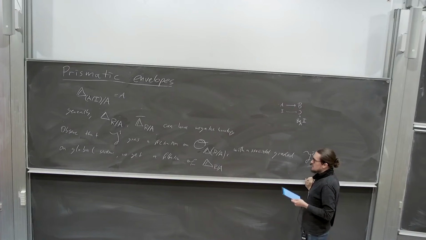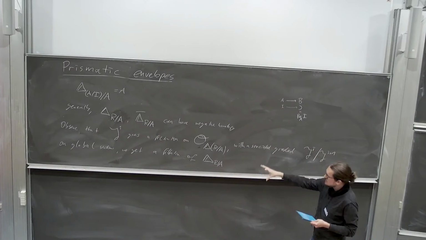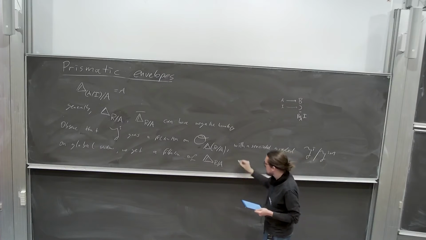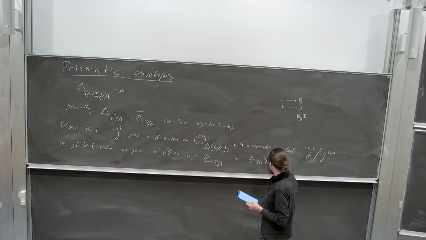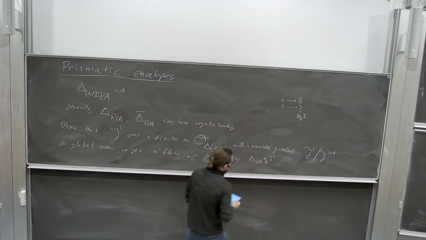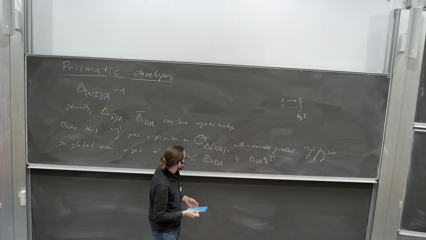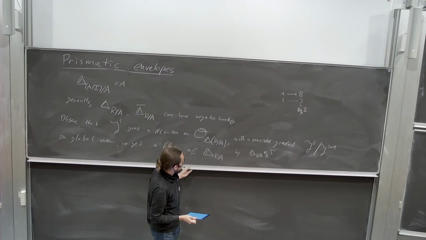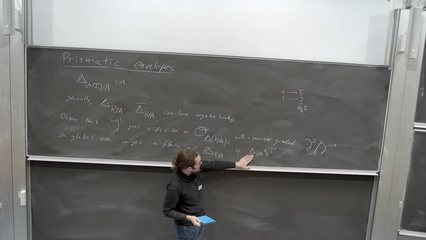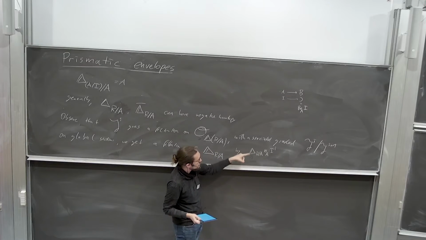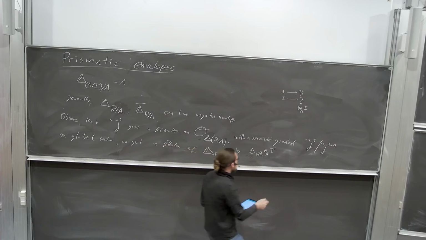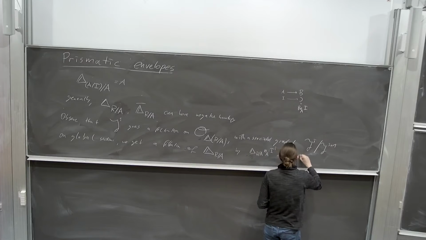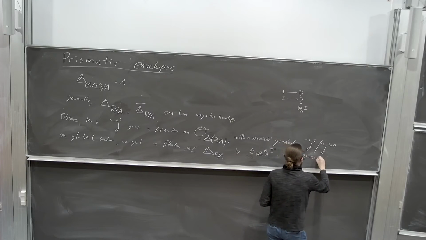We'll see that in action later, but here the consequence is that this gives a filtration on prismatic cohomology whose terms can just be identified with twists of prismatic cohomology by this ideal, right? We're tensoring with an invertible ideal, so that commutes with limits. And so this has associated graded terms.